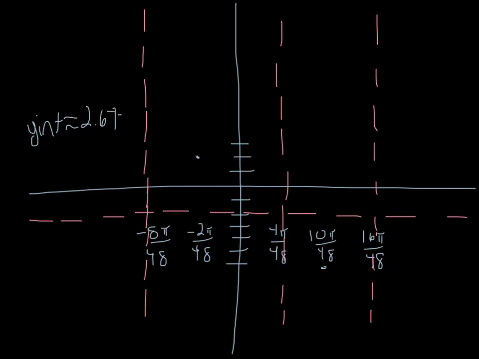And remember, anytime we're at our high point, we're going to do an upward facing parabolic looking thing, and anytime we're at a low point, we're going to do an upside down parabola. Low, upside down, and high is right side up.